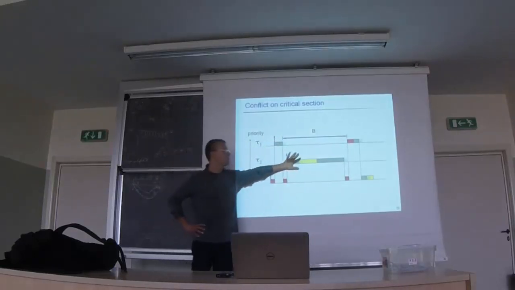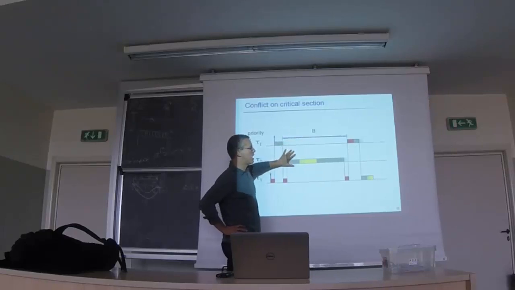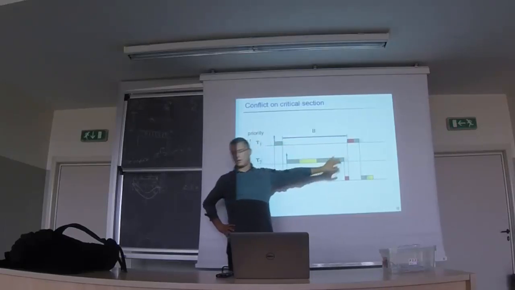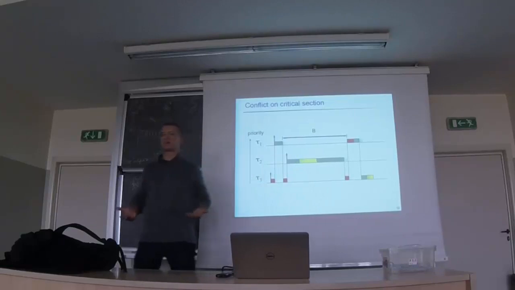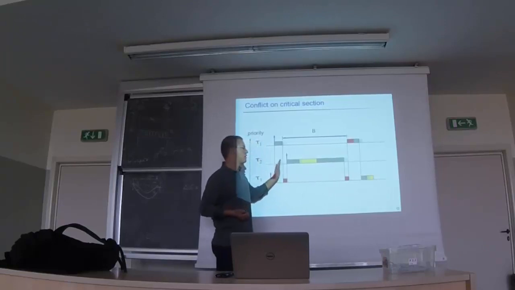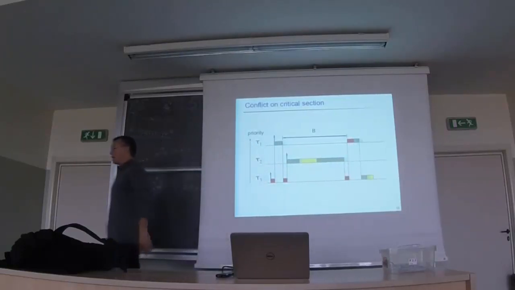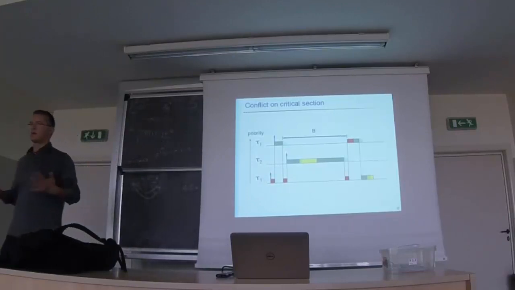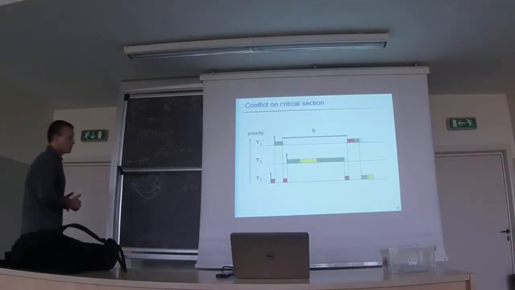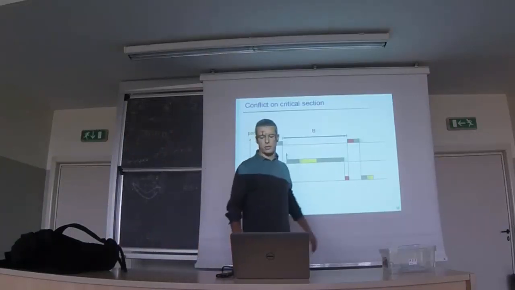This implies that the high priority task may be arbitrarily blocked due to a lower priority task. So it is not just blocked on the critical section. It is blocked for the whole execution of a middle priority task that does not share any resource with it. So this is the unbounded priority inversion problem.